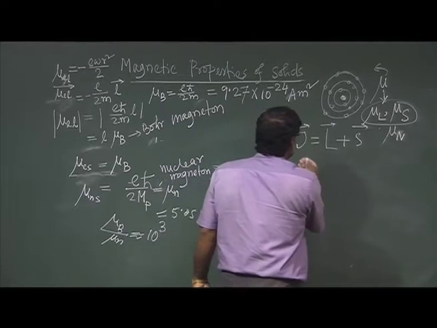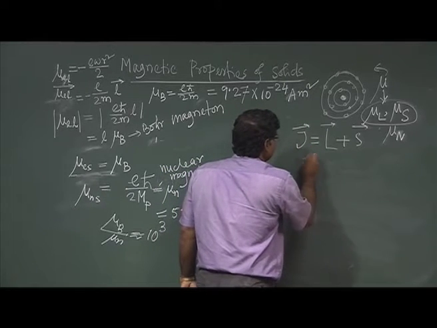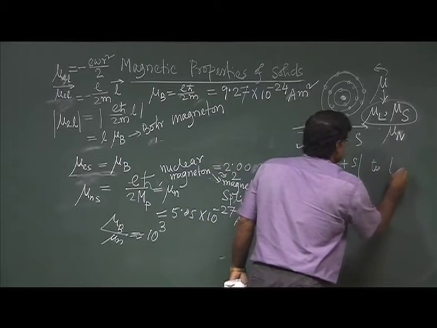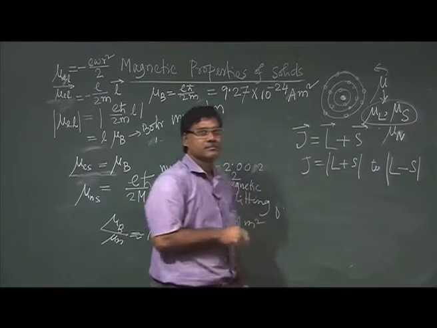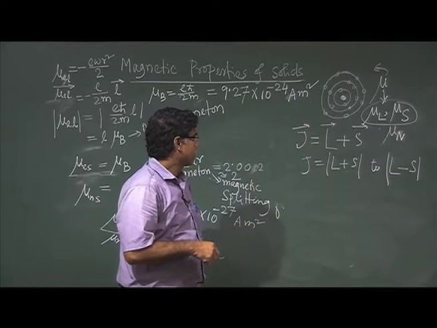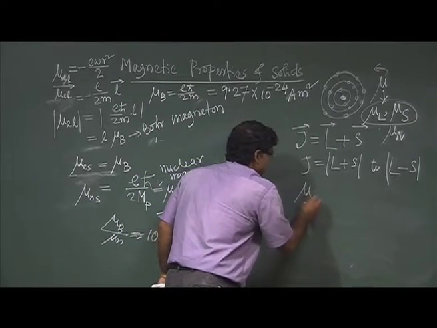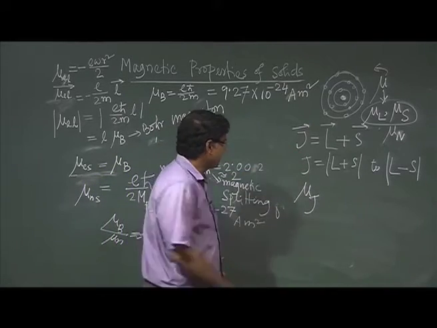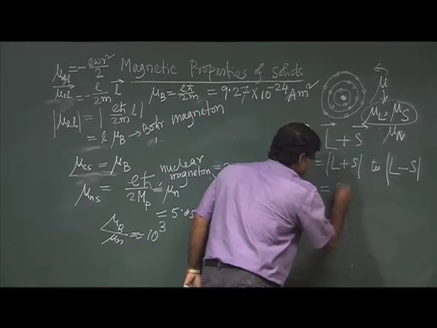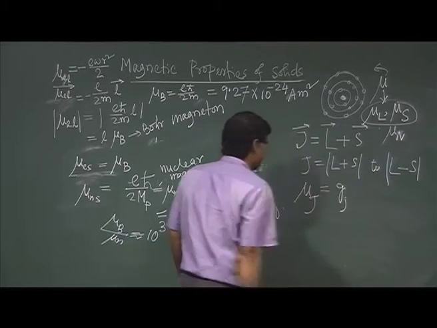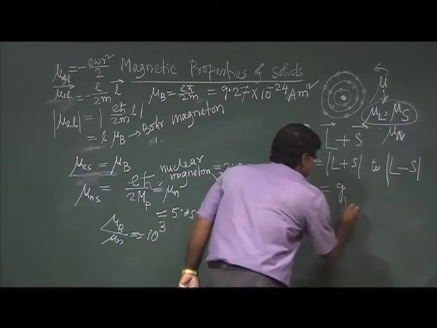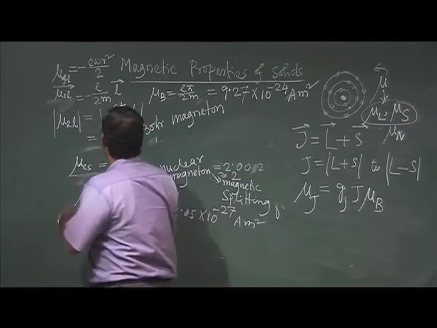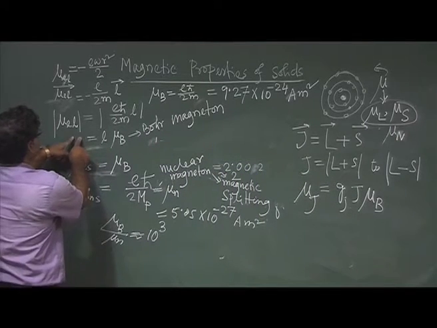So, J can take values from L plus S to L minus S, and you will get μ_J for this total angular momentum in the same way. So, g, this Landé factor g_J, times J μ_B.